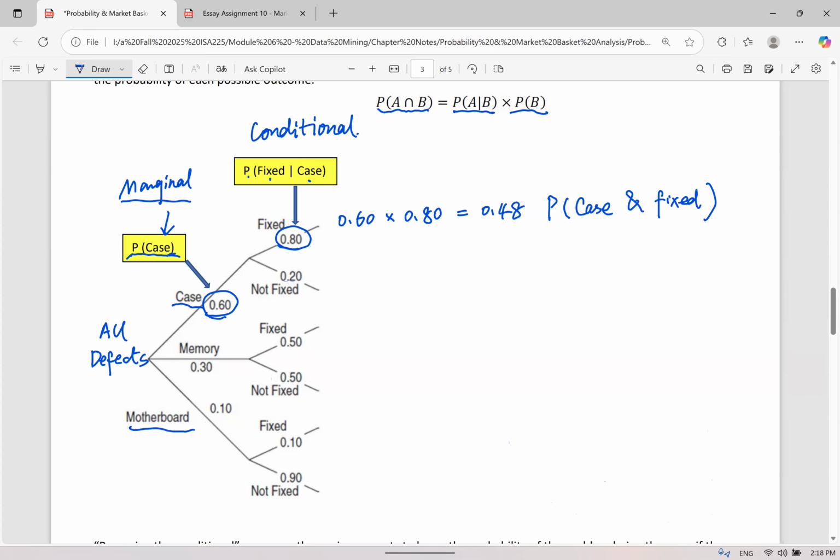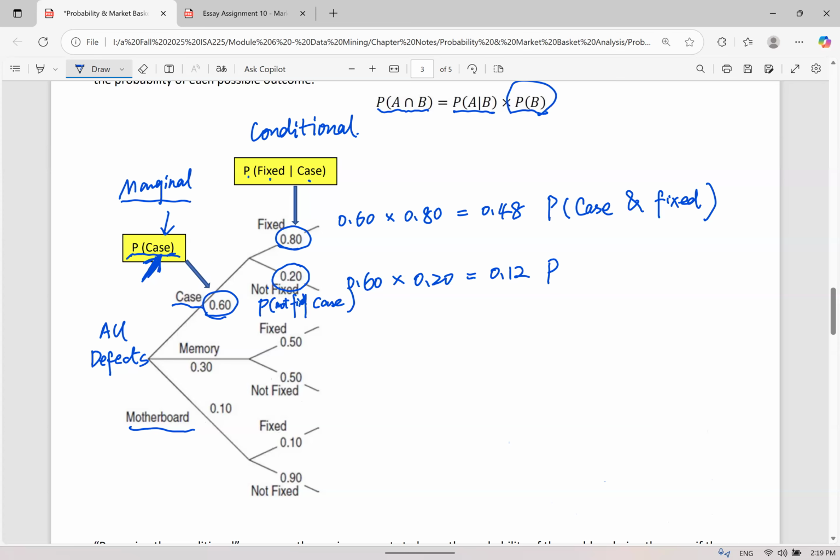Okay, so now continue. What if I use this 0.60 times this 0.2? Now this is the condition, so this is the probability of the condition, and then times the probability of not fixed. So this is the probability that, given it is a case alignment problem, it is not fixed. So we have 0.60 times 0.20, which gives this 0.12.